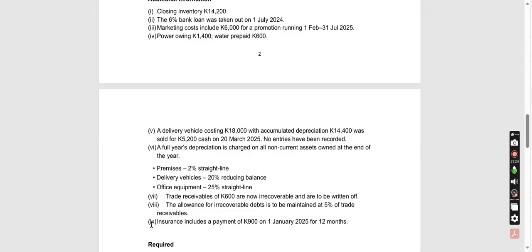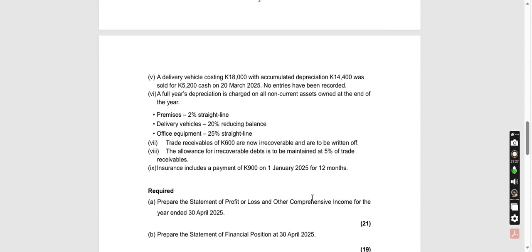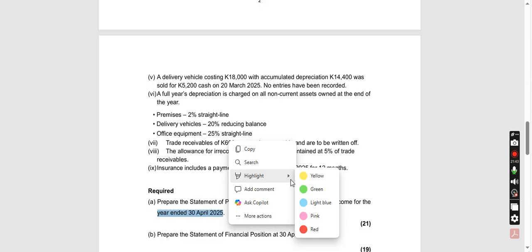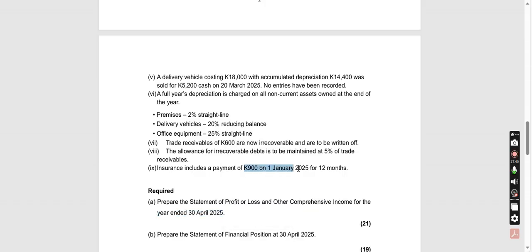And the final one, insurance includes a payment of 900 kwacha on 1st January 2025 for 12 months. Now remember, for this question, our year ends on 30th April 2025. So this 900 kwacha is for 12 months.